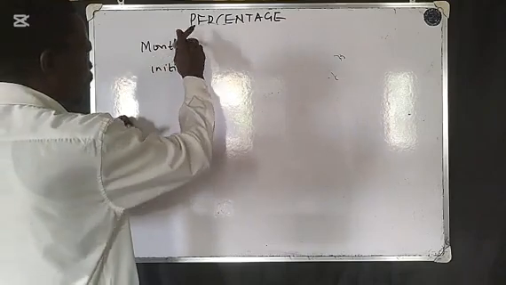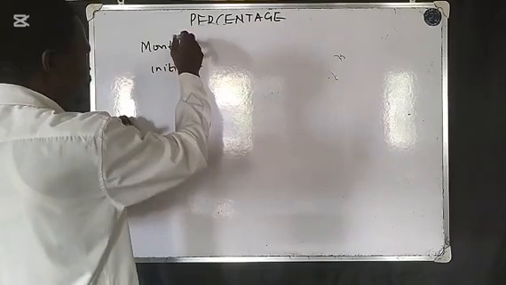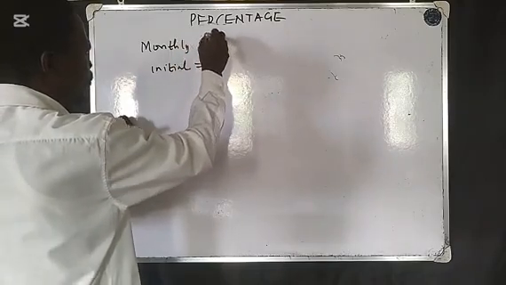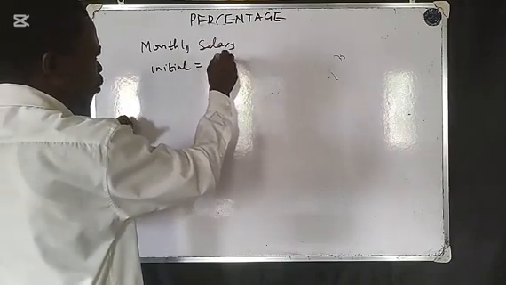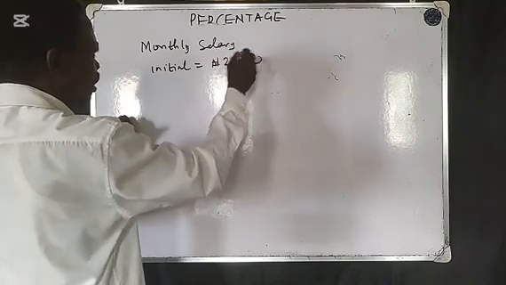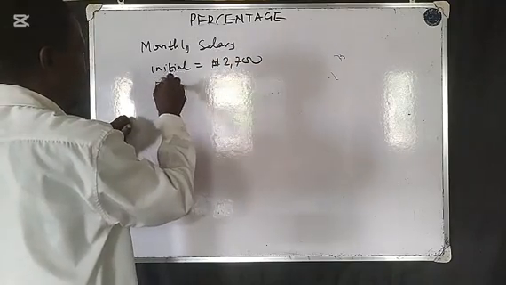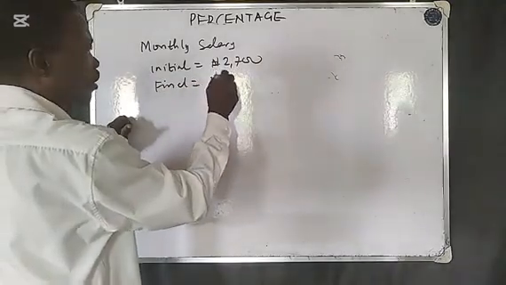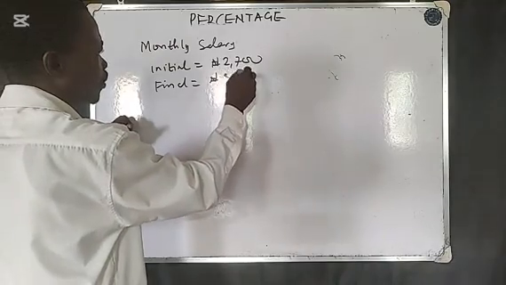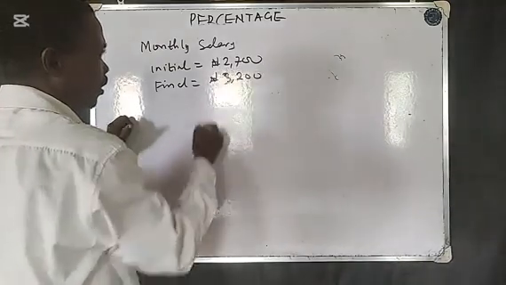Initial is 2,700. Then final is what? 3,200, right?